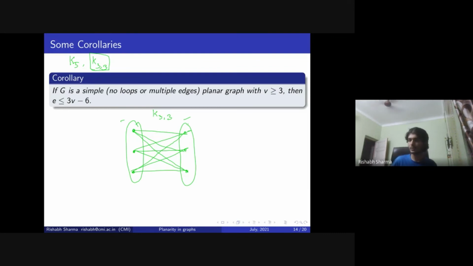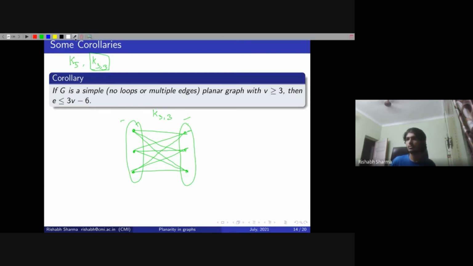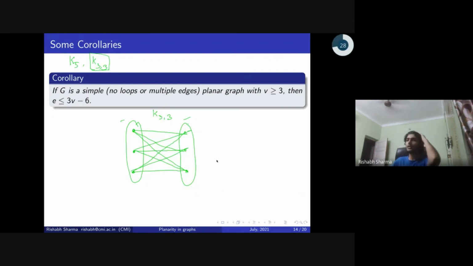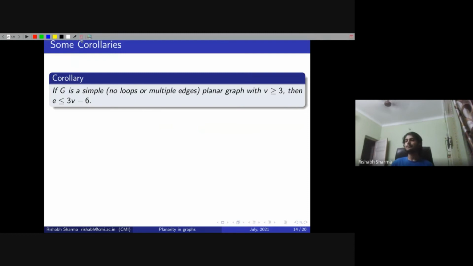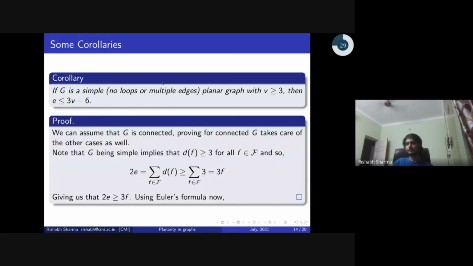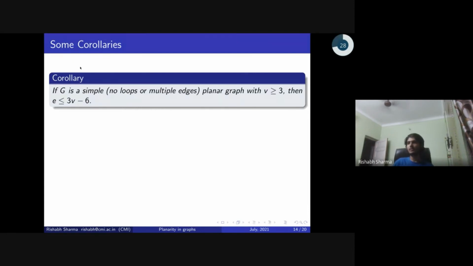Okay, so now we will try to prove this corollary. Now I'm assuming that G is a simple planar graph. What is a simple graph? A simple graph is just something which has no loops or multiple edges. So what are loops and multiple edges?